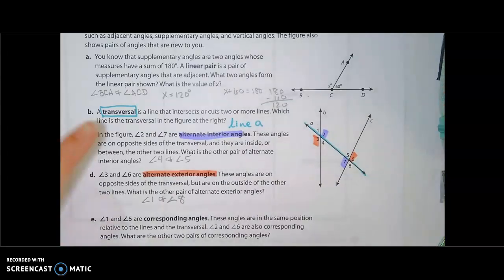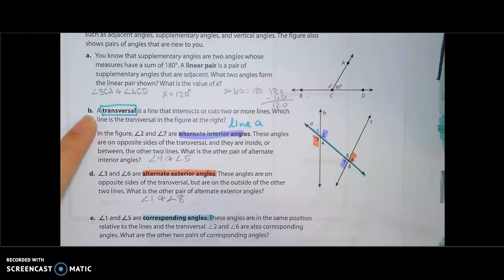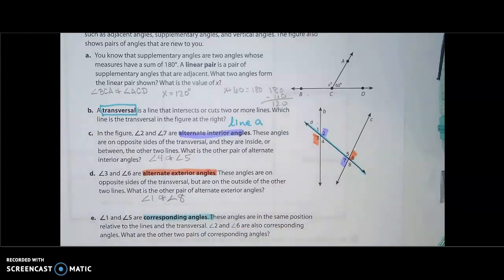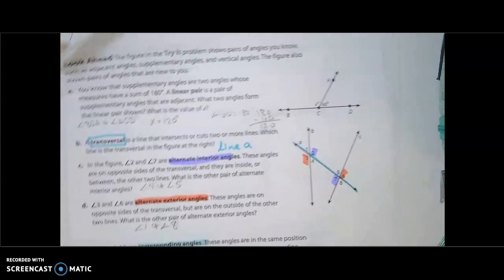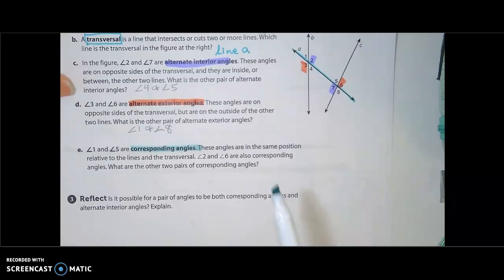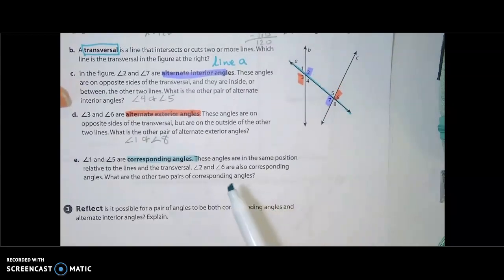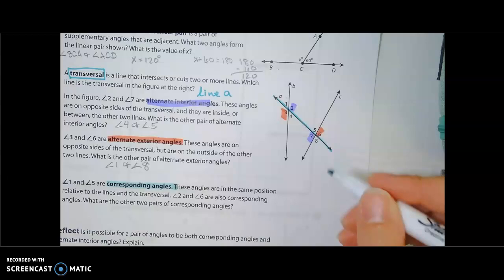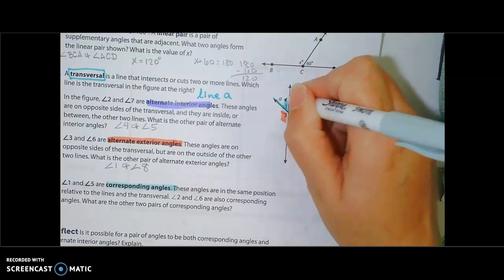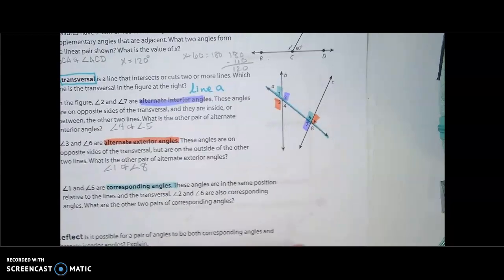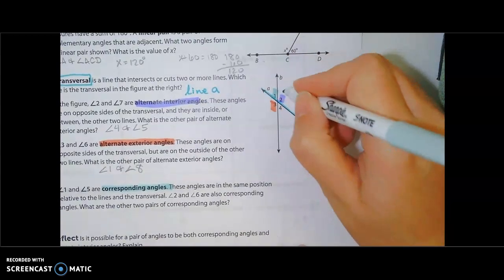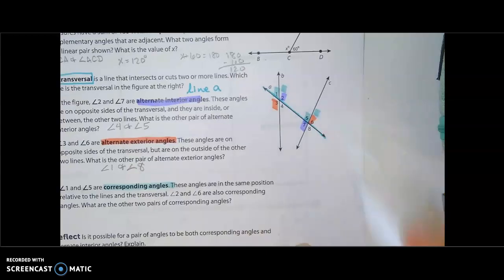All right, corresponding angles. Corresponding angles are angles that are in the same position relative to the lines and the transversal. Ooh, there we go. Now we can more easily see it. It says angle 1 and 5 are corresponding, right? Also, 2 and 6 are corresponding, so I'm going to mark those like this.